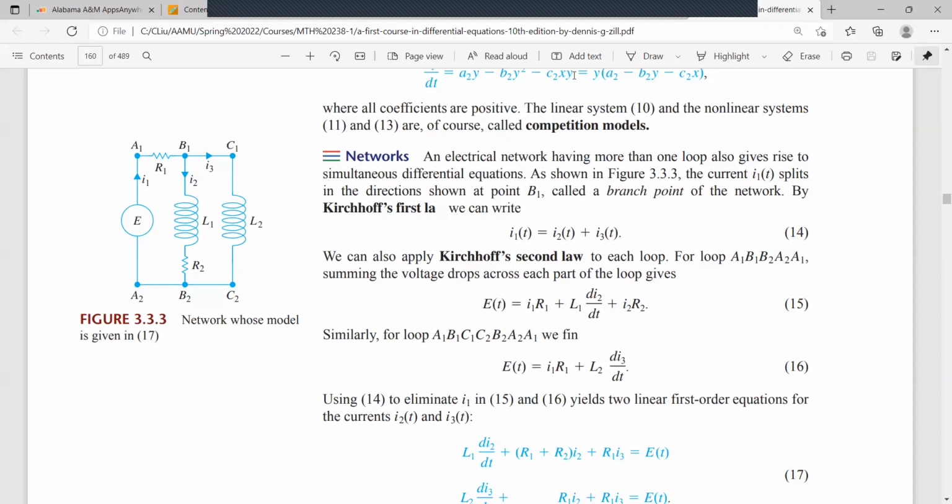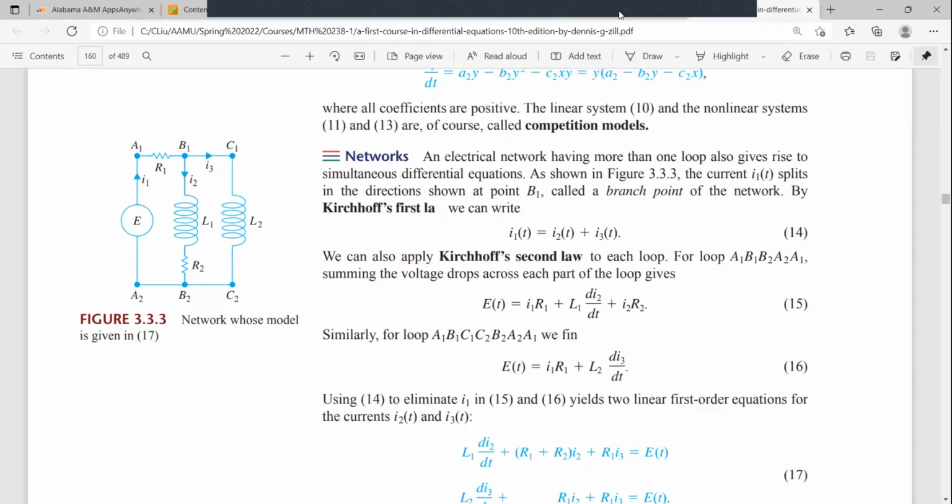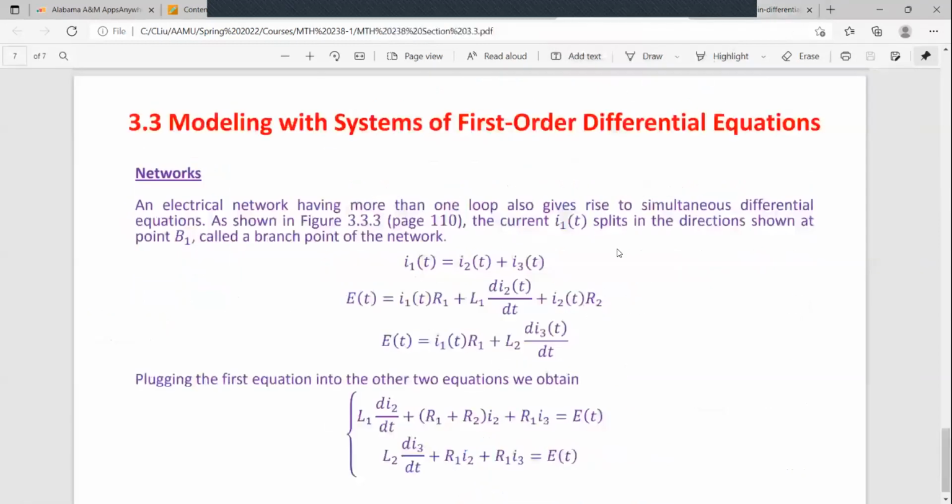Then we can simplify a little bit to change into two equations. These are the three equations we just had.